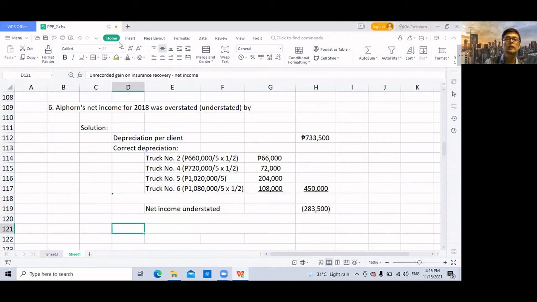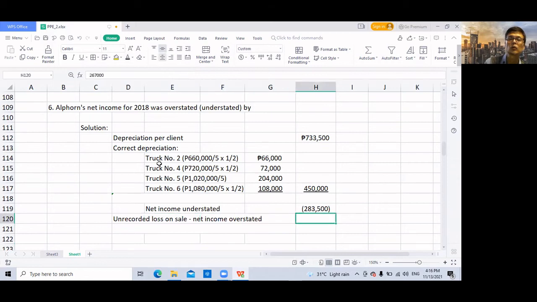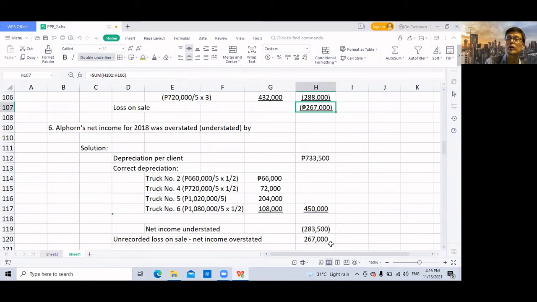So next, yung unrecorded loss on sale, which is the overstatement, no? For 267,000. Yun yung nakuha natin dun sa previous number, yung loss on sale.